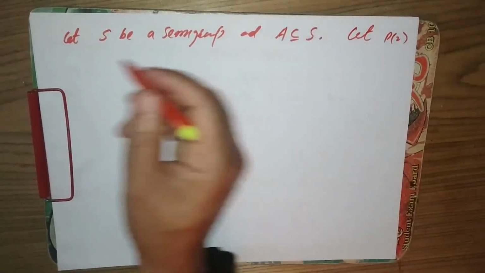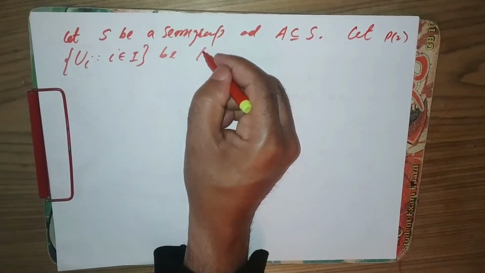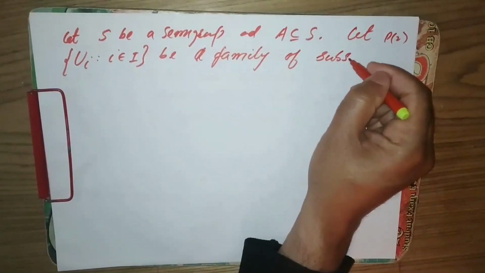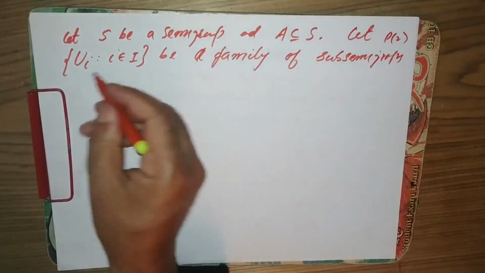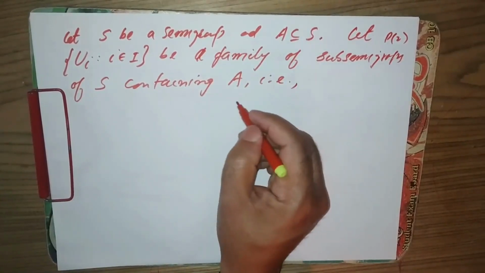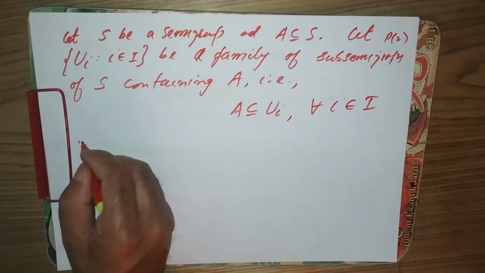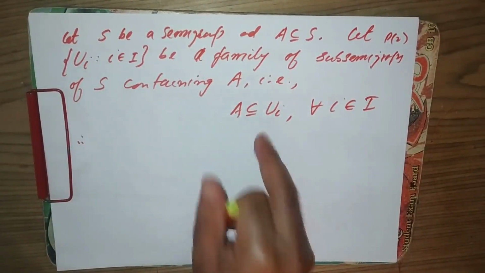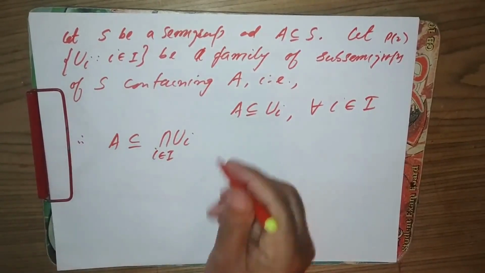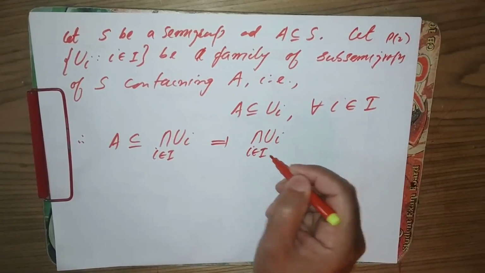Let U_i, i in the index set I, be a family of sub-semigroups of S containing A. That is, A is a subset of U_i for all i in I. Therefore, because A is a subset of each U_i, A is a subset of the intersection of the U_i, i in I. Since A is non-empty and a subset of this intersection, the intersection is non-empty.